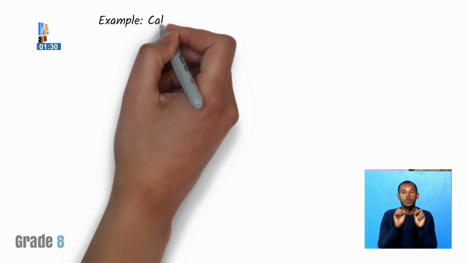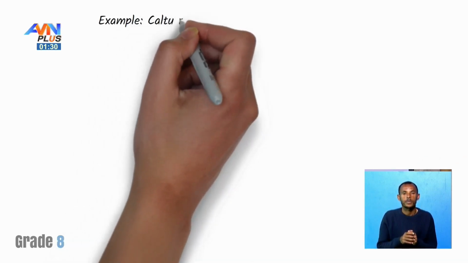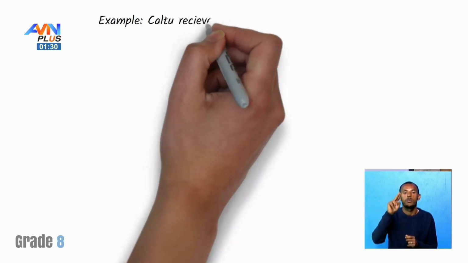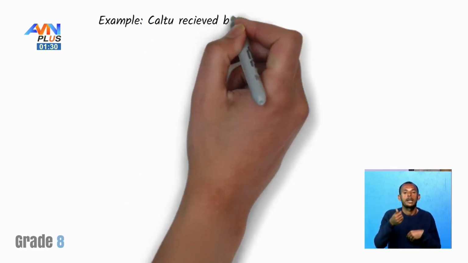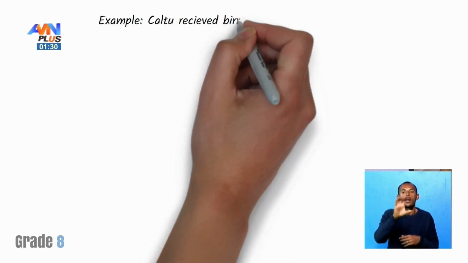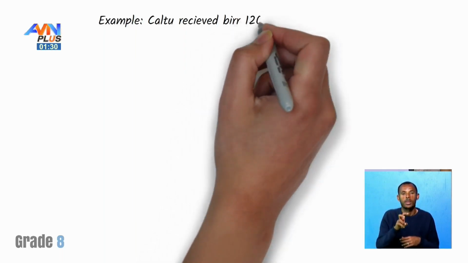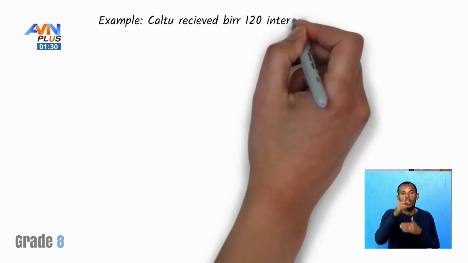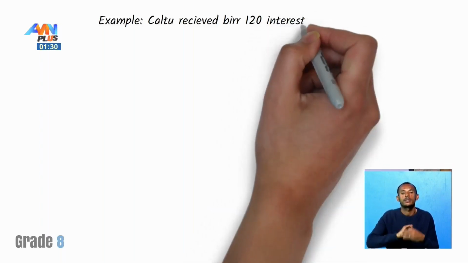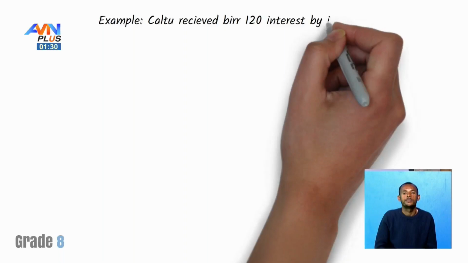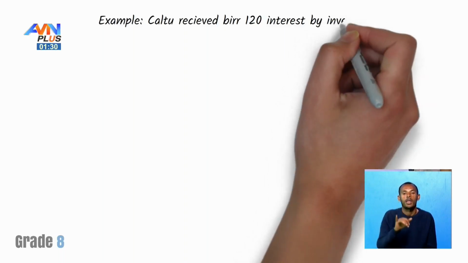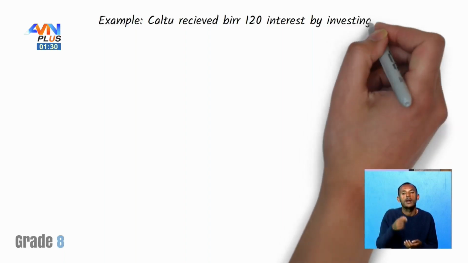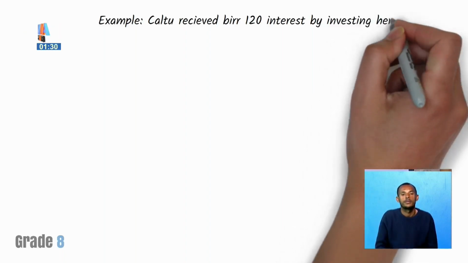Okay, child 2 received BER 120 interest by investing her money in a bank.